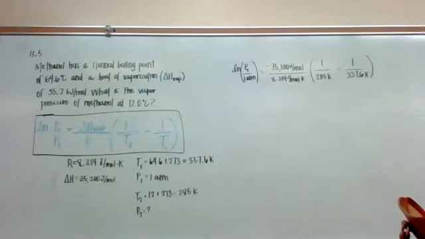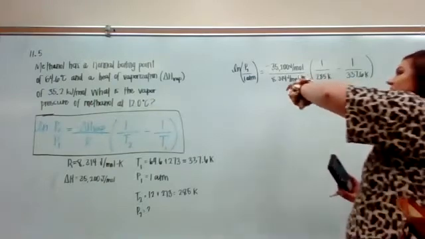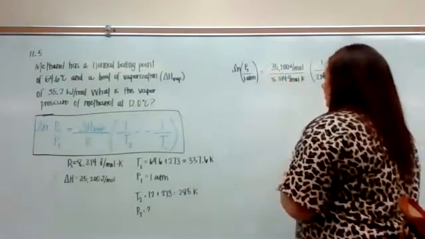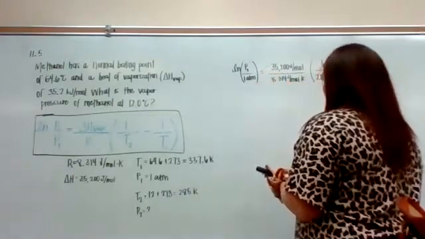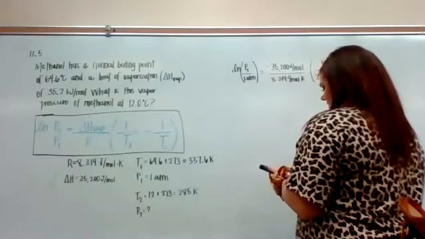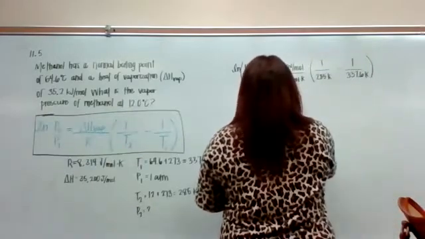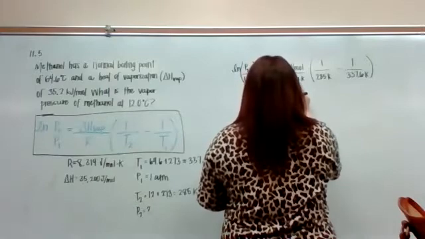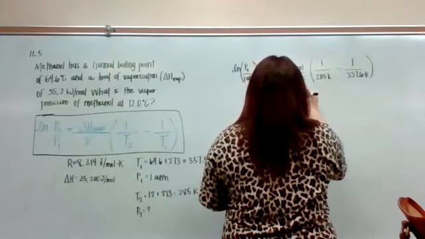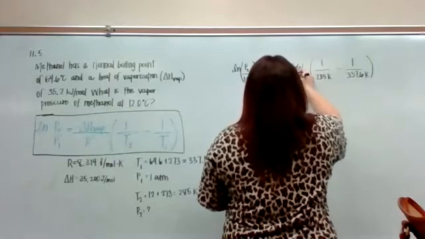All right, so let's simplify the right side. First thing I'm going to do is divide my delta H of vaporization by R. Kelvin cancels.